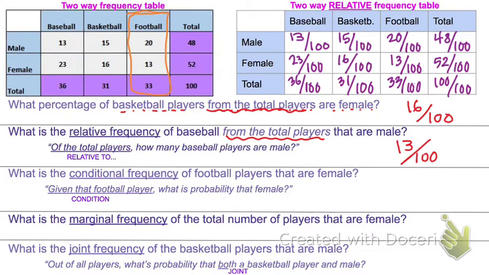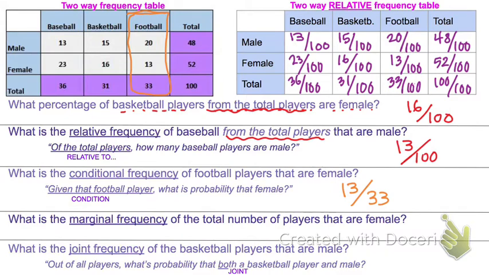So given that you're one of these football players, what is the probability that you are female? So out of the 33 football players, female is 13. That's the conditional frequency of football players being female.